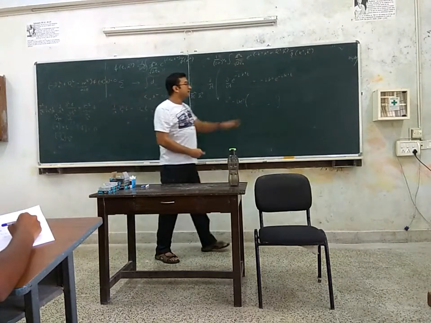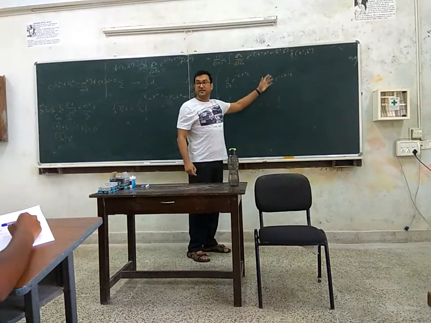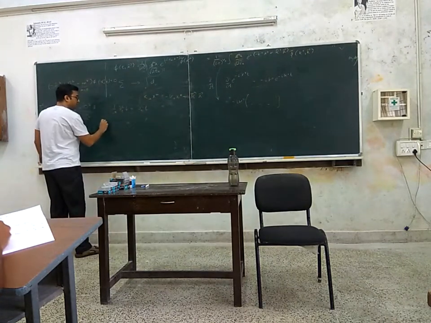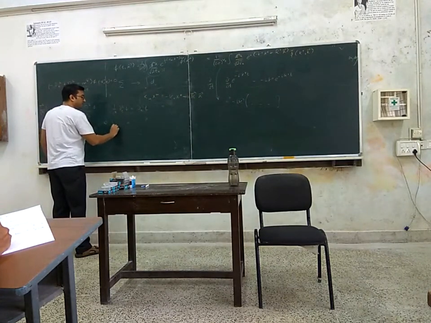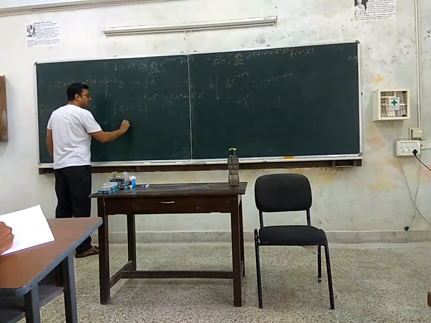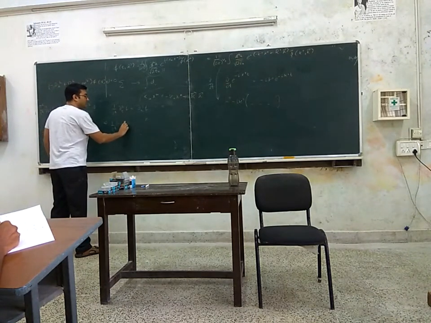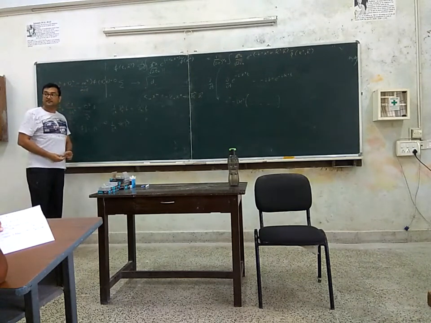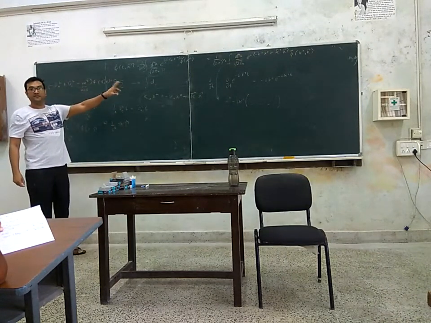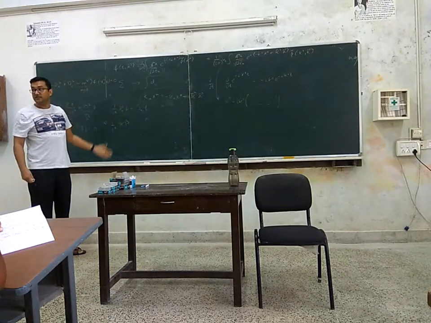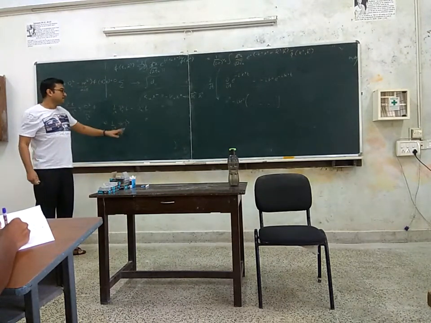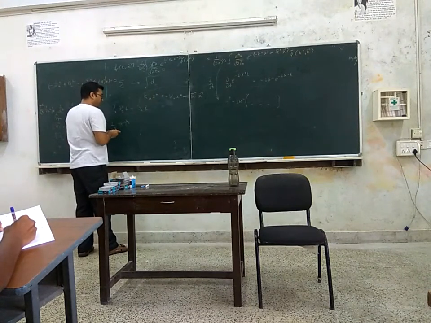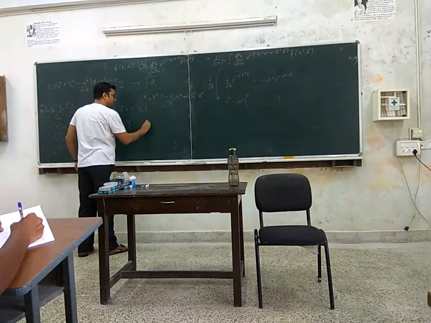I get two factors of this. Minus i squared gives me minus k naught squared times this whole Fourier expansion, you have to put it there.